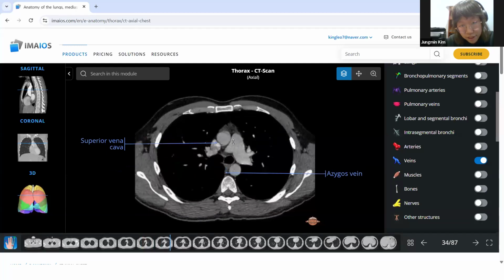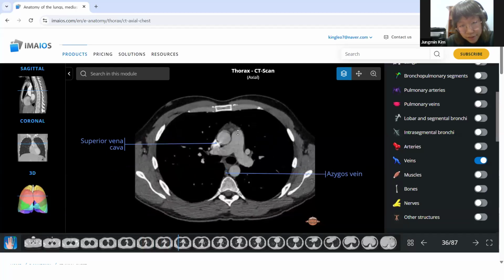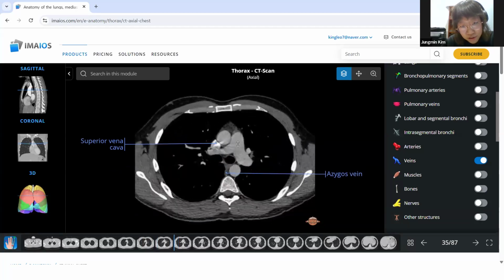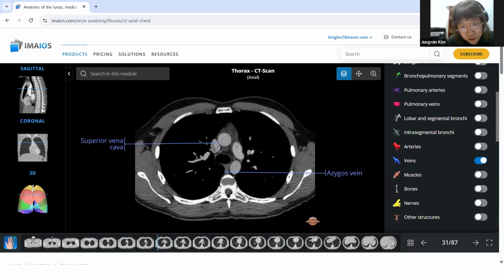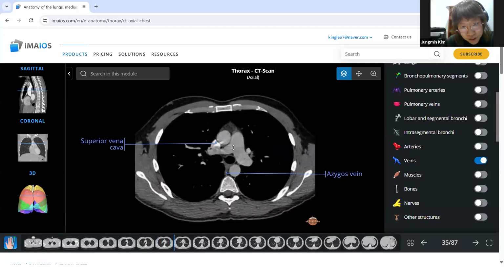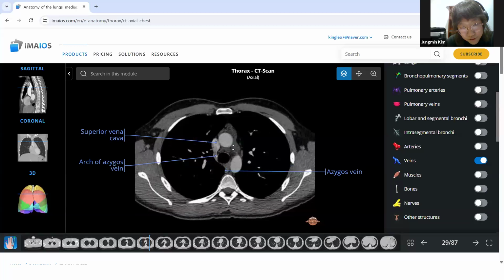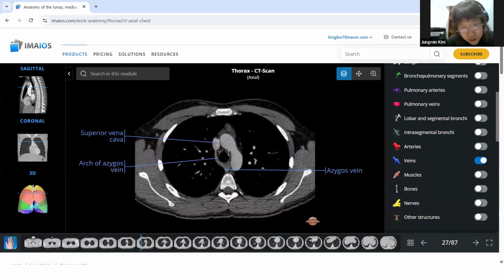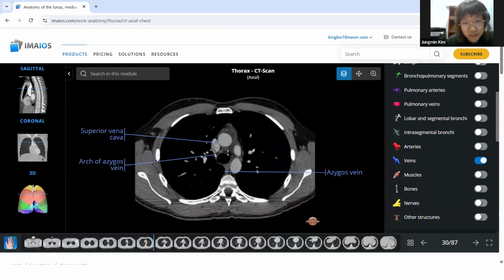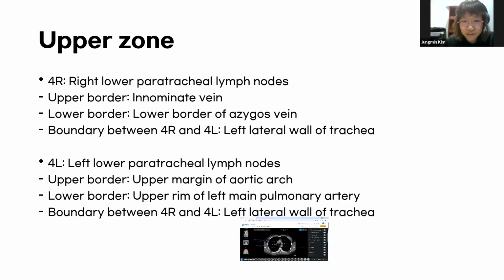And if you go down, you can see the pulmonary artery emerging. So anything between this pulmonary artery and aortic arch level, on this level, that's the lower paratracheal lymph nodes. You'll get used to it.